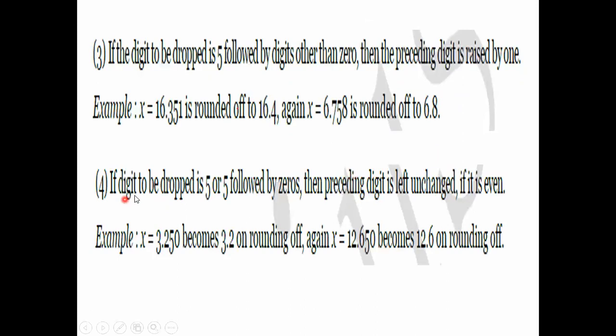The last one. If the digit to be dropped is 5 followed by zeros, then if the preceding digit is even, there is no change. See, 3.520 is there. The preceding digit is an even number, that's why there is no change. 3.2. Again, 12.650 is there. We are going to drop up to 50, so 12.6 on rounding off.